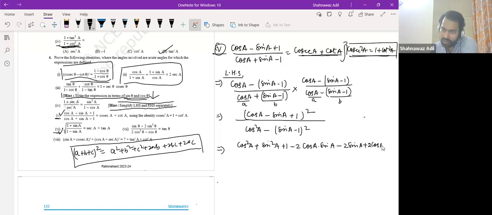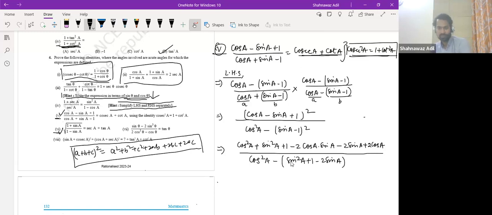So this big expression is the numerator, and then in the denominator, this is right, right, guys? Yes, sir.